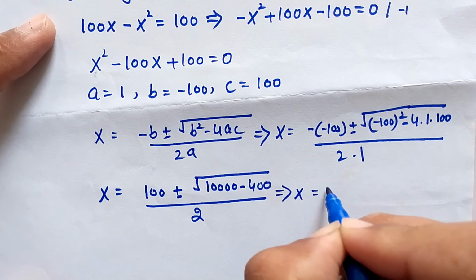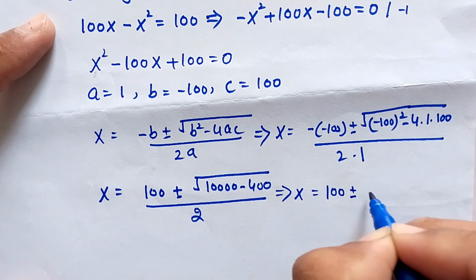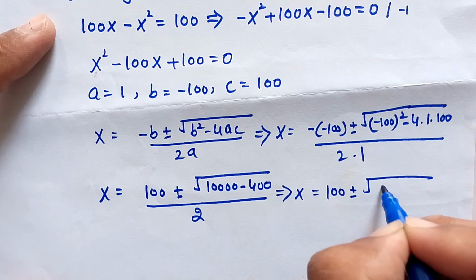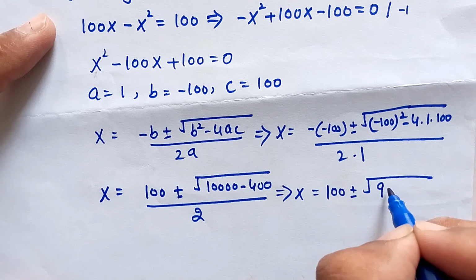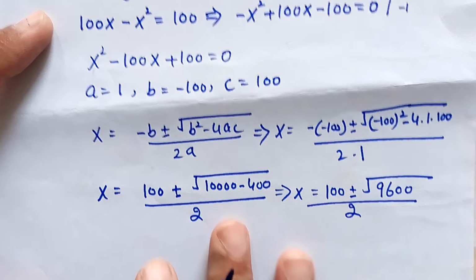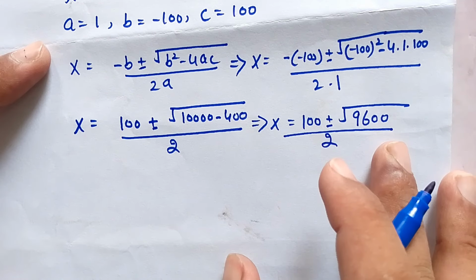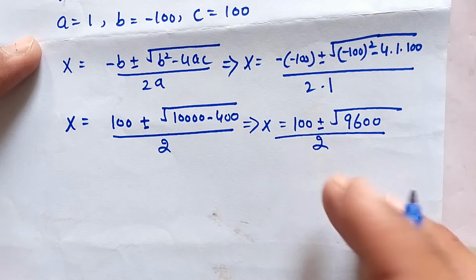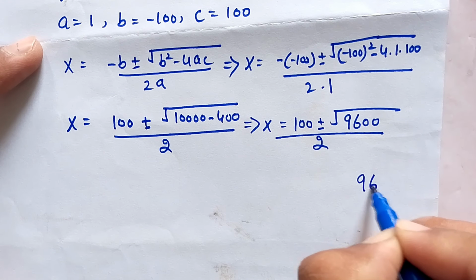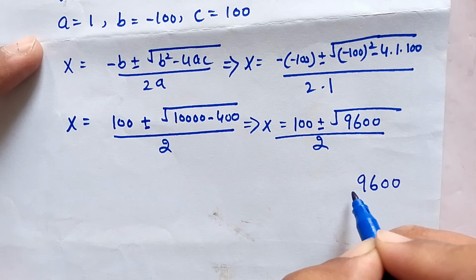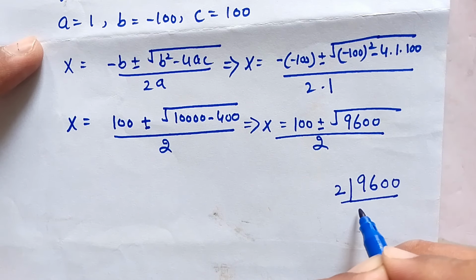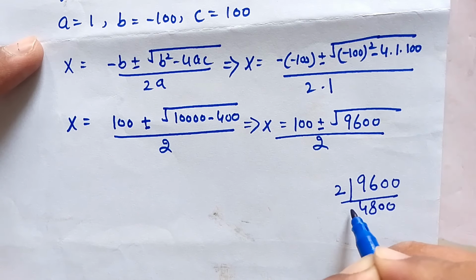X is equal to 100 plus minus square root of 10,000 minus 400, so this is 9,600 over 2. Now to solve this interesting question, here this 9,600 we have to divide this by 2, so this is 4,800.